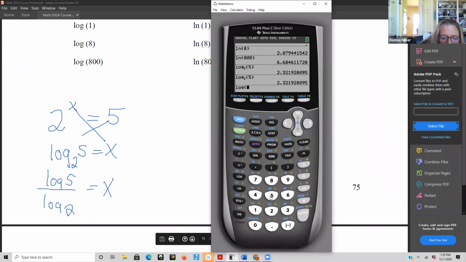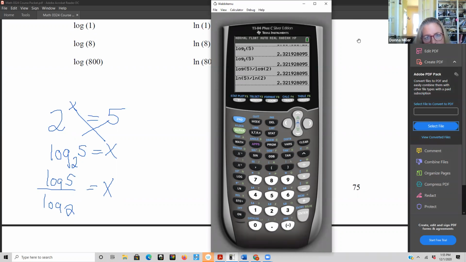So if I do log 5 divided by log 2, you get the same number, all right? And in fact, it doesn't even really matter what button you use. I could use ln. If I did the ln of 5 over the ln of 2, I still get the same number, all right? So if you have an 83, all you're going to do is take the log of the big number over the log of the base. Base goes on the bottom.